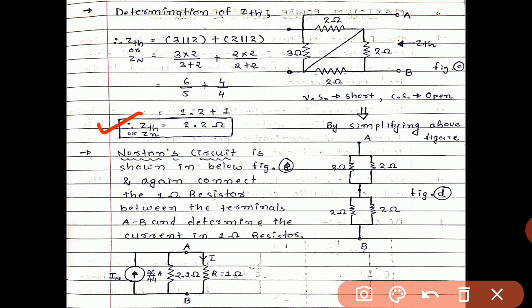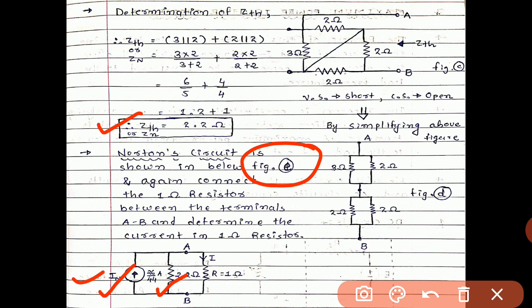So we have this RTH, we have the IN. So now the Norton circuit is built up, as in figure E, so this is our figure E. Source is IN, that is 26 by 44 ampere, and 2.2 ohm, that is our Norton's equivalent impedance, we put in parallel.